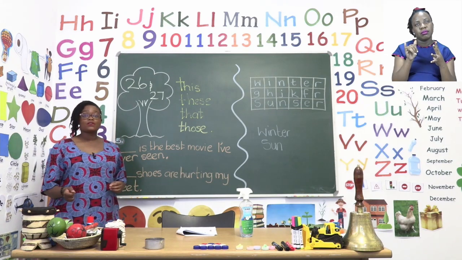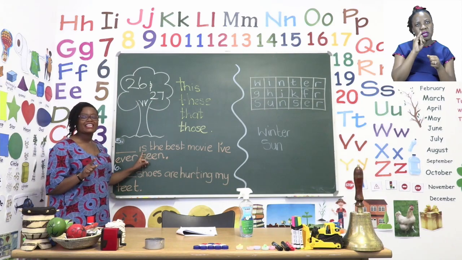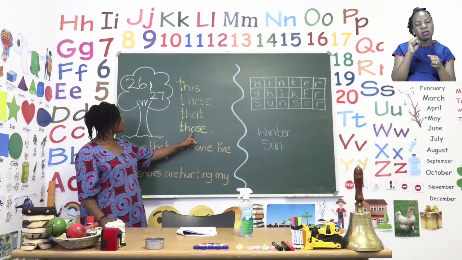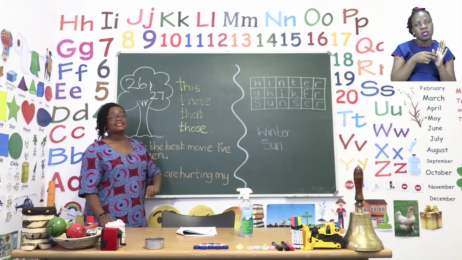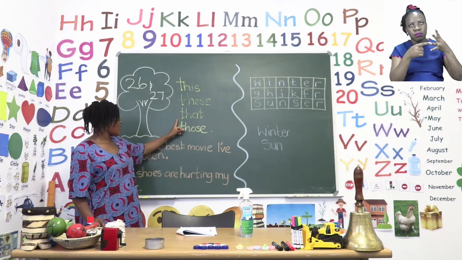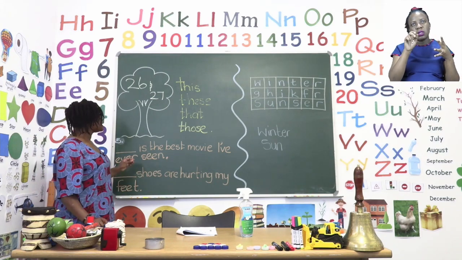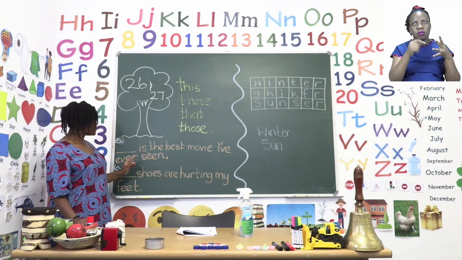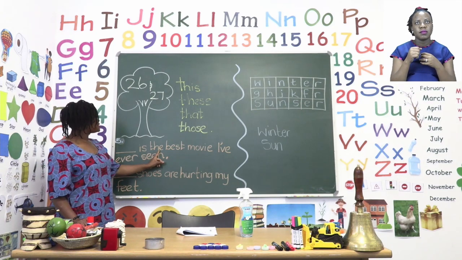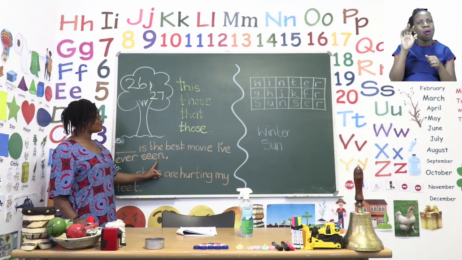Now remember, boys and girls, it looks like this is singular because we have this is. So we cannot use those or these. Instead, we can use this or that. Now, how do we know which one to use? Well, let's read our sentence again. Dash is the best movie I've ever seen.